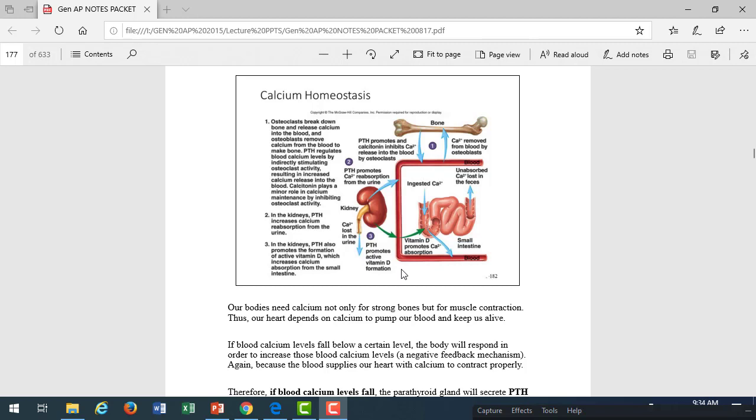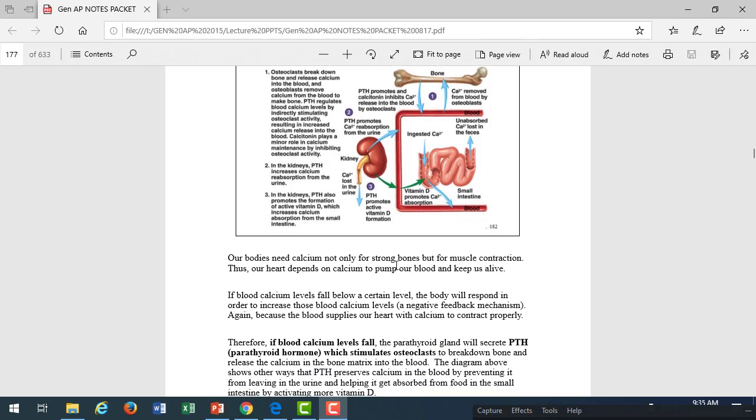So if we're not getting enough in our diet, then the body has hormones that kick in and stimulate osteoclasts. Remember, osteoclasts break down bone. Parathyroid hormone is a hormone that is released when blood calcium levels fall. Notice here that I bolded it and told you what it does.